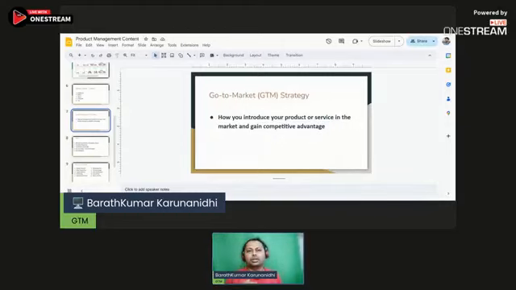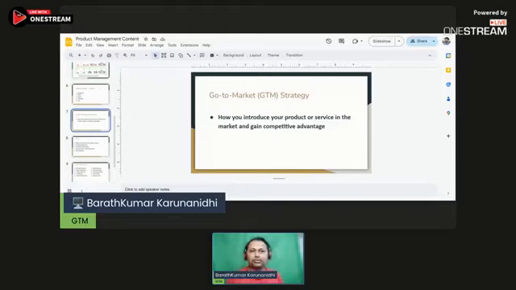So how do you take your product or service to the market so customers become aware of the product that you're launching, and that's when the customer starts buying your product or service, and then the revenue starts coming to the company. So basically GTM is how you launch your product into the market. That is the go to market strategy. So why do we need this?